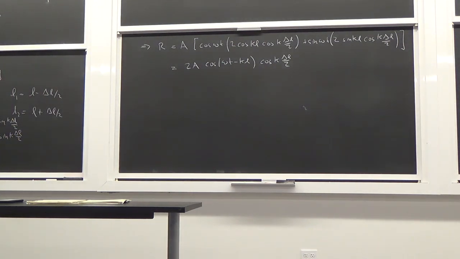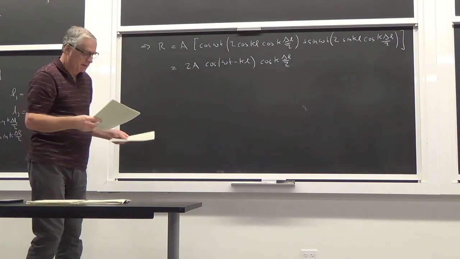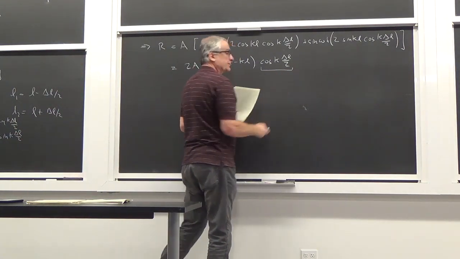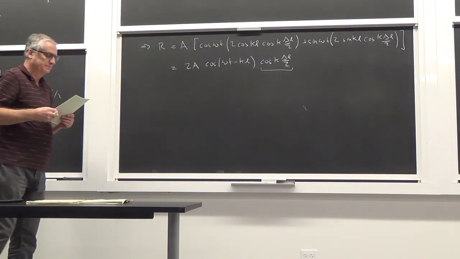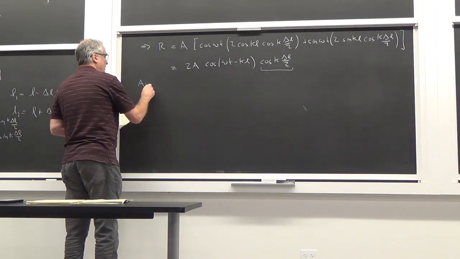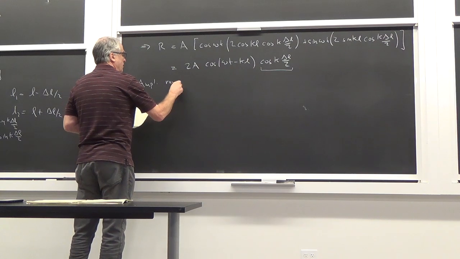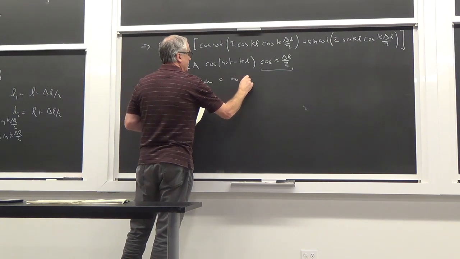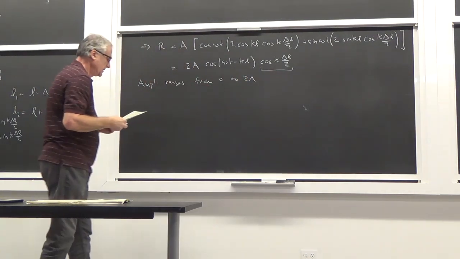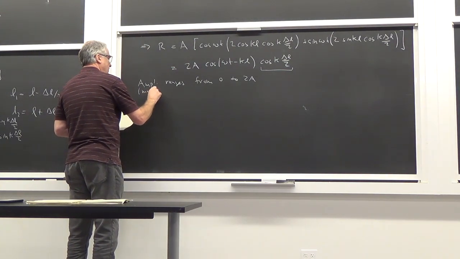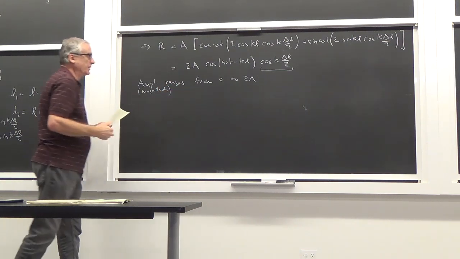I'm just doing some trig identities here. And so the dependence on the path length difference is in this term. We see that the amplitude ranges from 0 to 2a in magnitude, which we can go to minus 2a too.